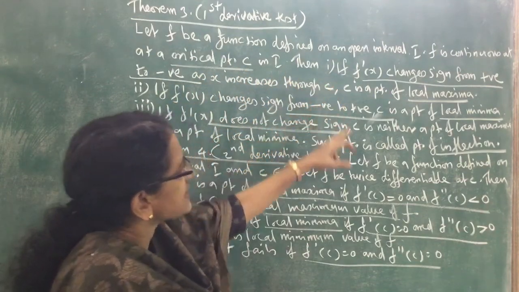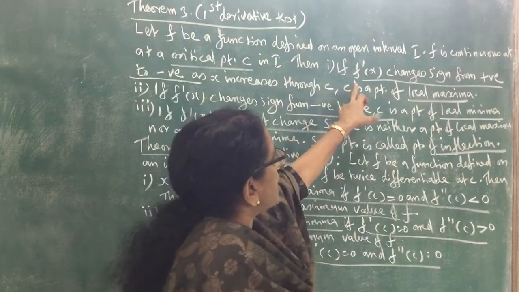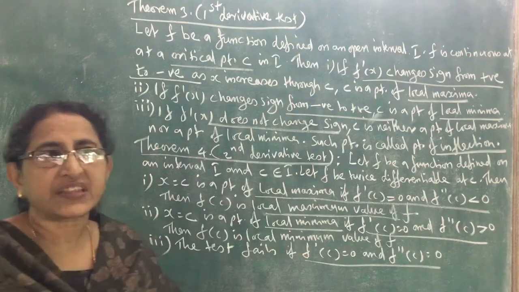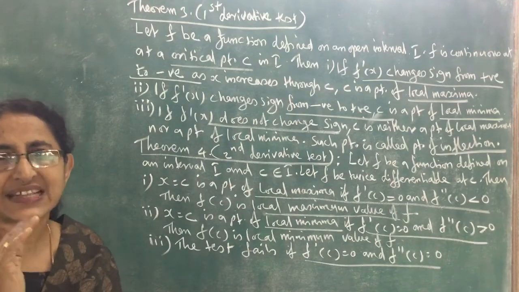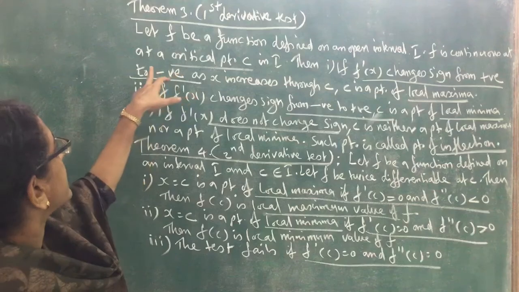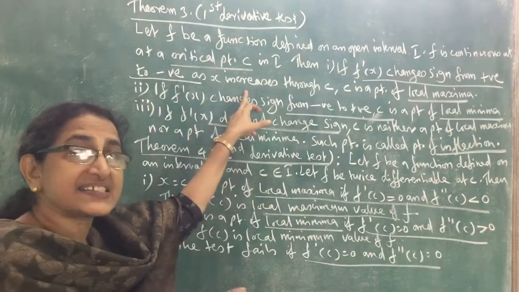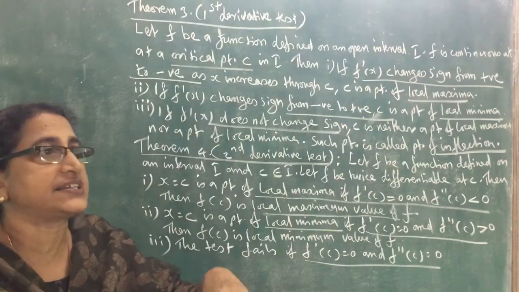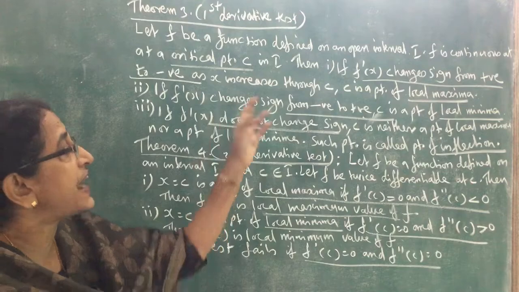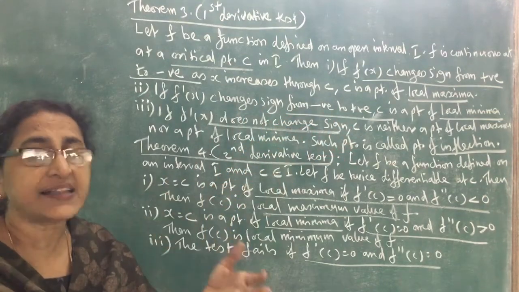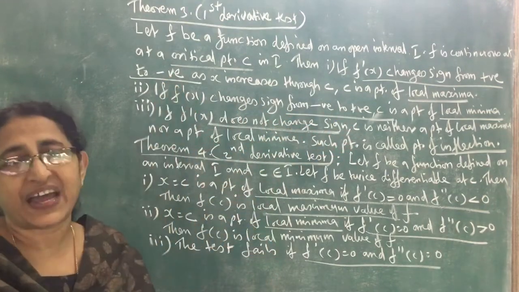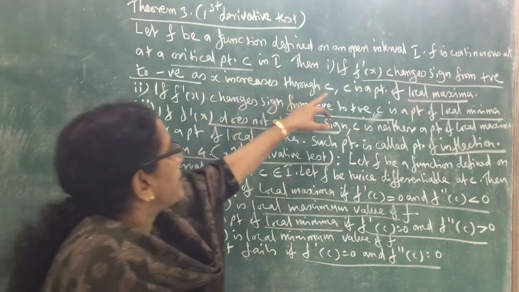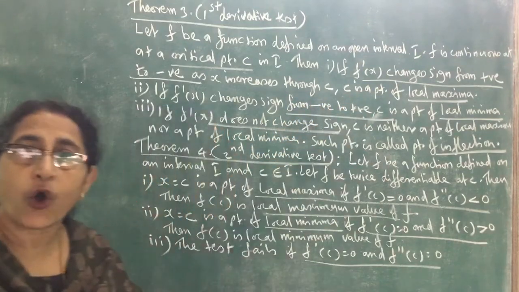Then if f dash x changes sign from positive to negative as x increases through c, that means when x is less than c, f dash x is positive, and when x is greater than c, f dash x is negative, then the point c is a point of local maximum.